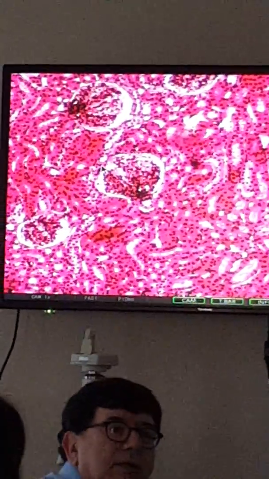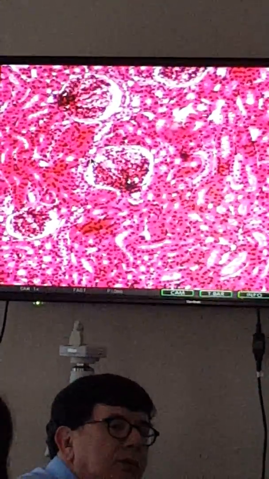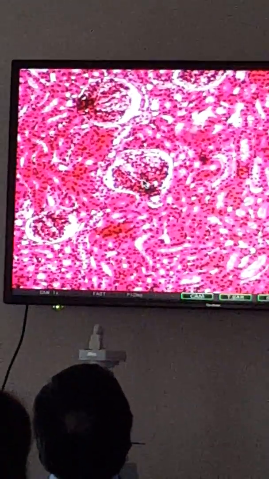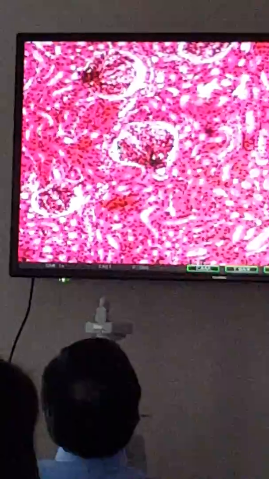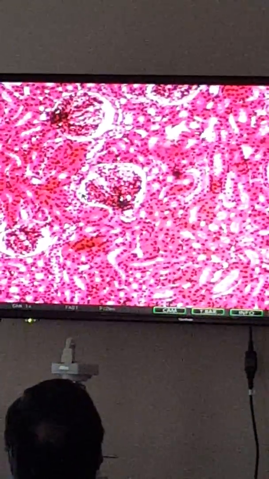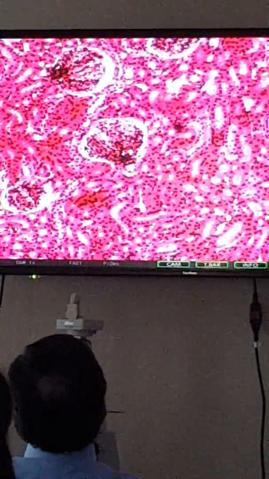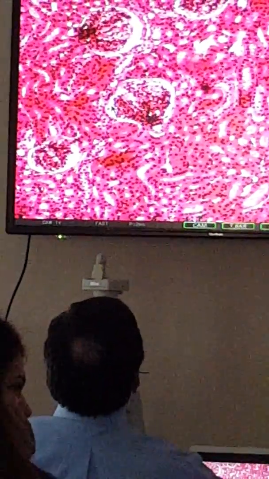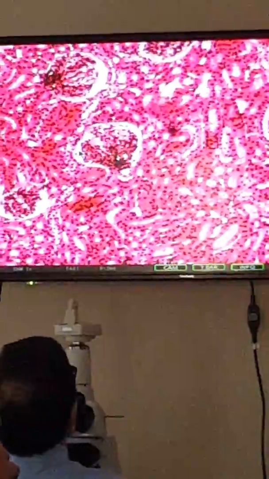It's a cute little podocyte, right on the outside. The podocyte is part of the visceral layer, this is part of the parietal layer, and this white stuff between them is just the space of Bowman's capsule. This is where filtrate accumulates. Okay.